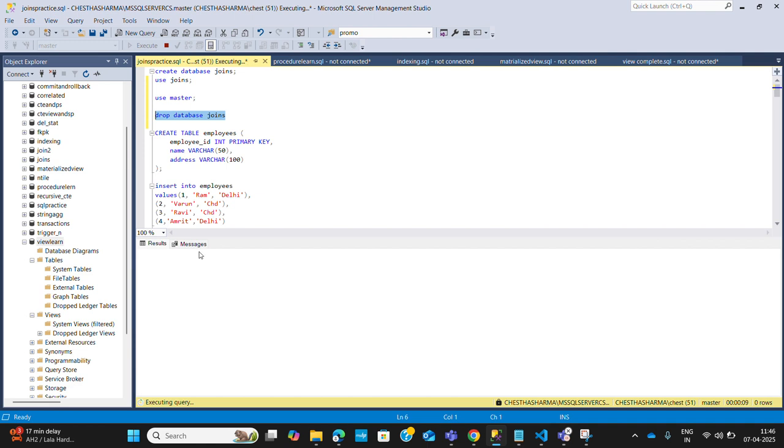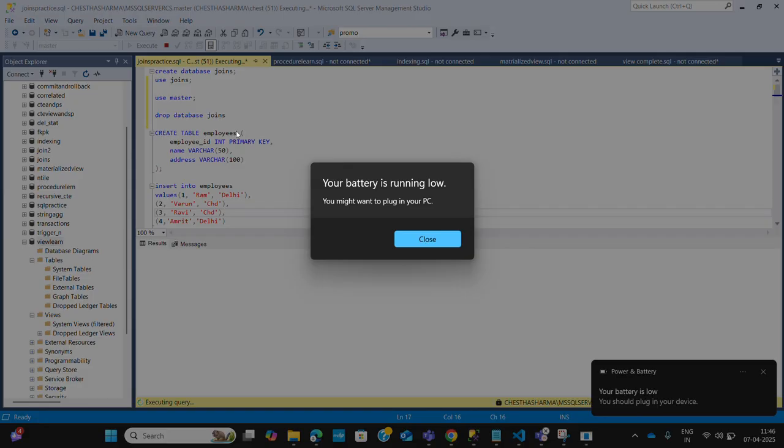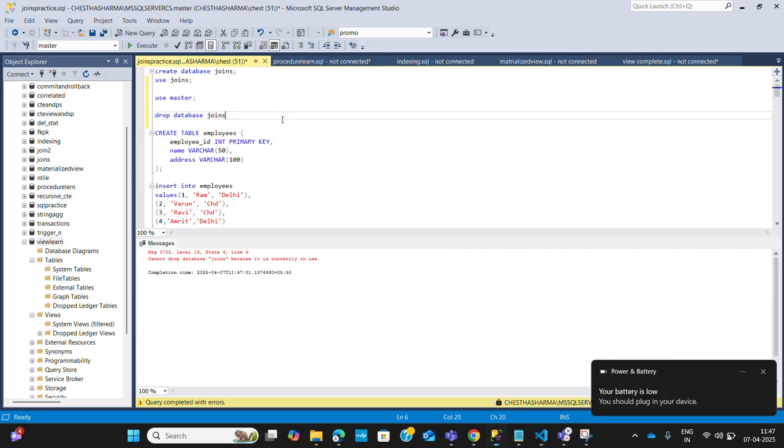Oh, just a second. Why is it giving a lot of problems? Oh God, just a second, my battery is running low as well. I just need to connect my charger.